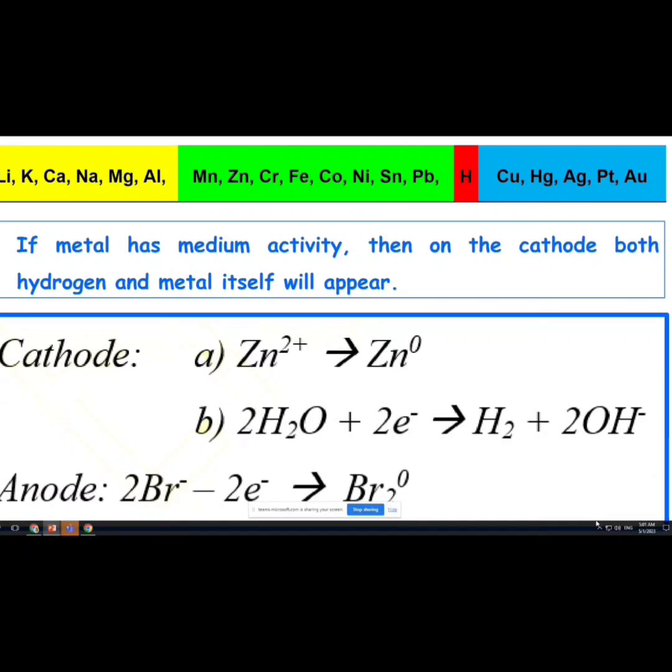It can give only 1 electron, but there are 2 bromines. If each of them gives 1 electron, overall 2 electrons are given. So it gives 2 electrons to the anode, and we again get a halogen, bromine Br2, 0. So we write Br2 here.